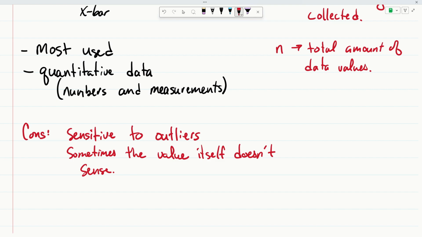You don't go to the store and say, "Oh, I would like a shoe. I love this shoe right here. It's a Nike shoe. My shoe size is 7.2." Like the 0.2 doesn't make any sense, even though when you've collected all this data, that was the average size of the shoe. So just make sure you're careful with interpreting these numbers.